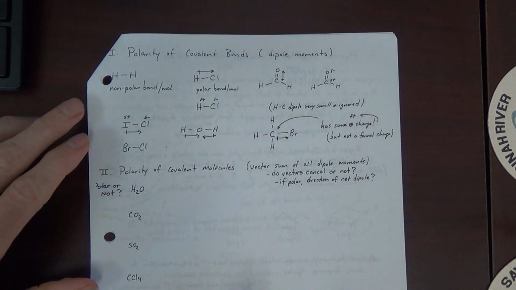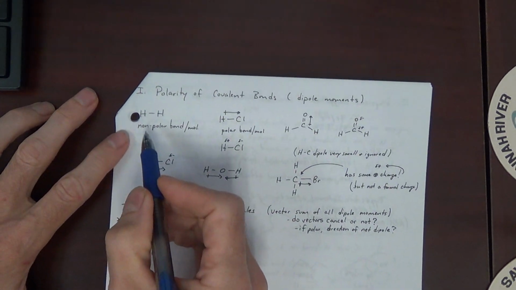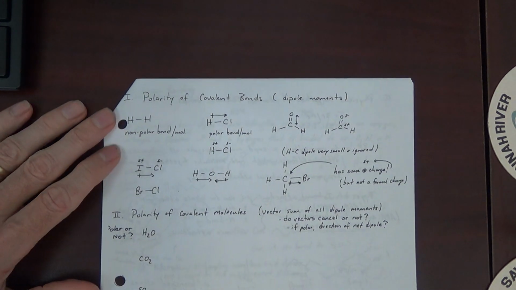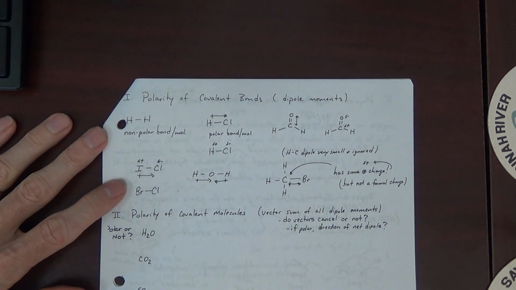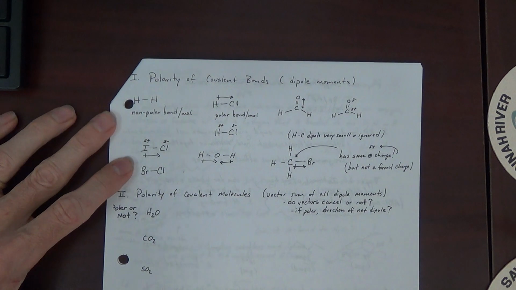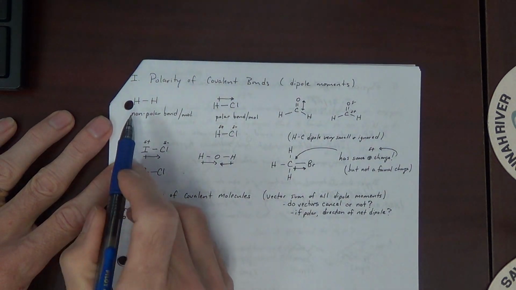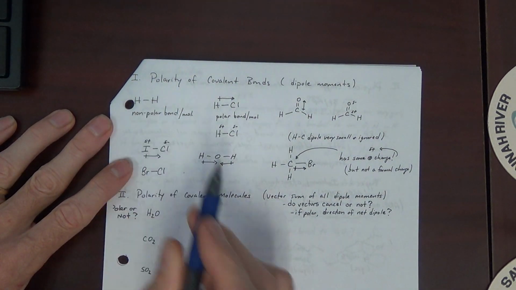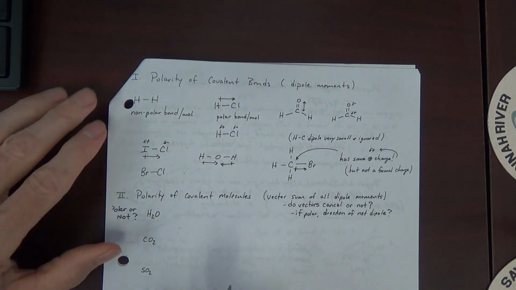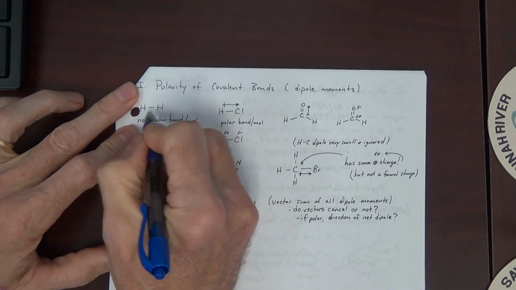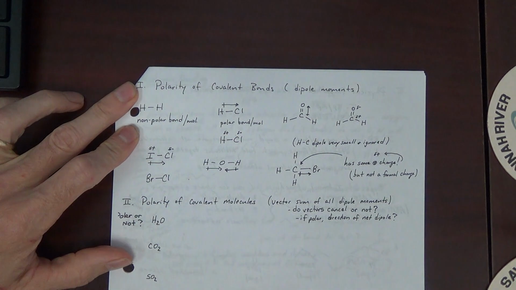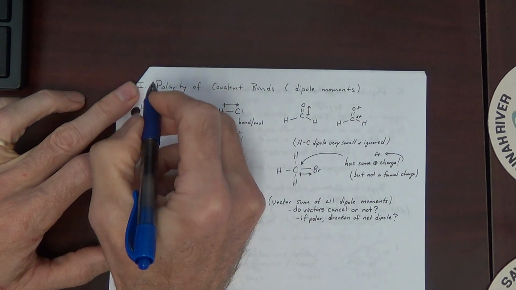Now we can begin by looking at the hydrogen molecule, H-H. This is an example of a nonpolar covalent bond. Nonpolar because the two H's have the same electronegativity. Thus, the two electrons sit in between the two nuclei in a symmetrical manner.